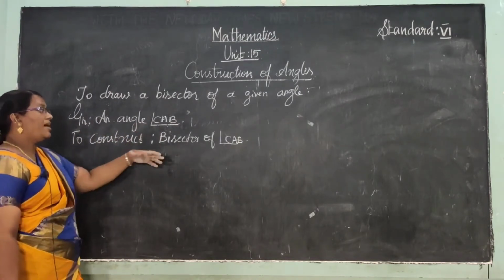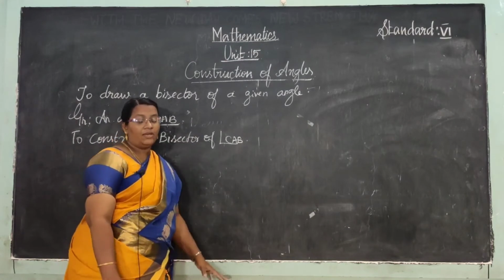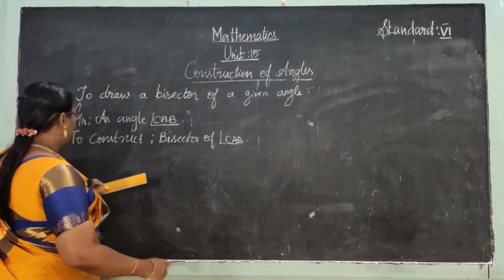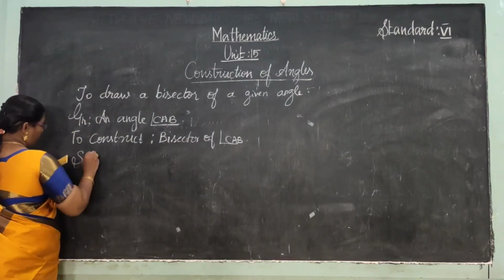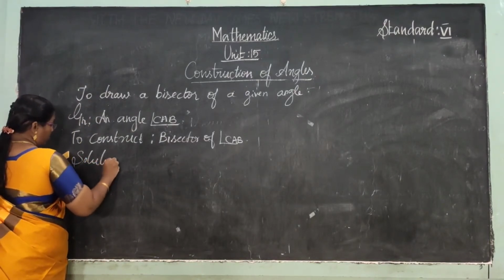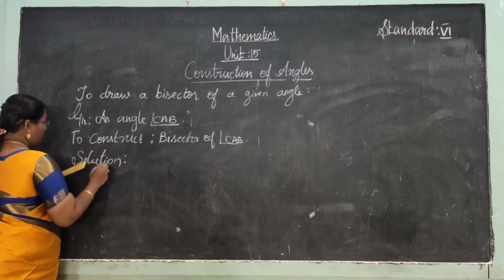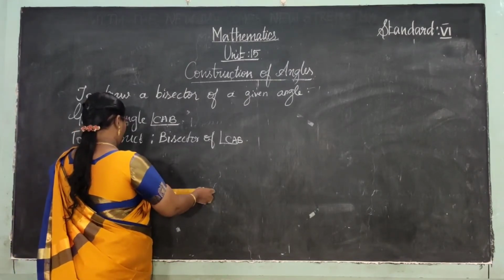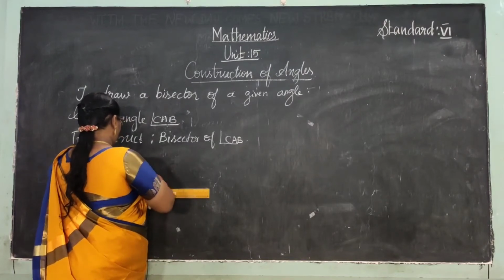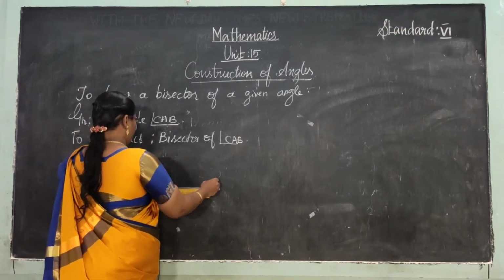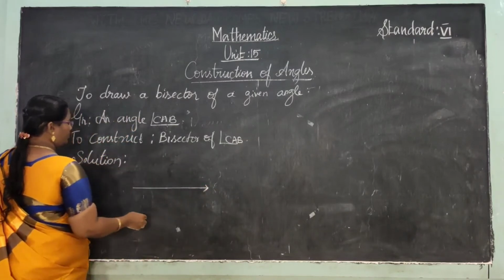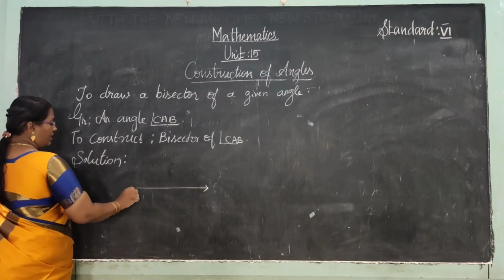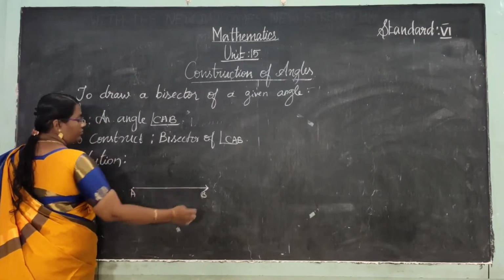To construct the bisector of the angle CAB, first draw the ray, denoted by AB.